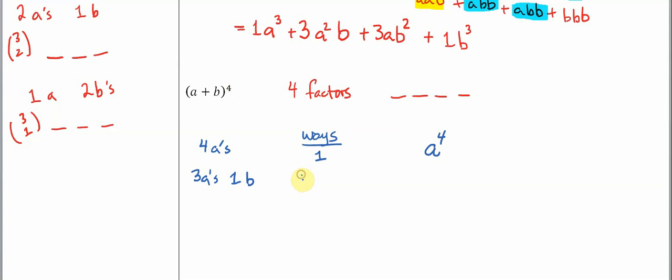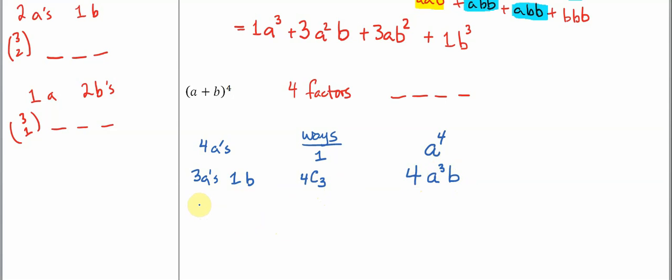Well, 4 choose 3. Okay, because it's like we have 4 blank slots, and we want to choose 3 of them to put an a in, and then in the remaining slot we're going to put a b. So that will give us a to the 3rd b, right? Because 4 choose 3 is 4.